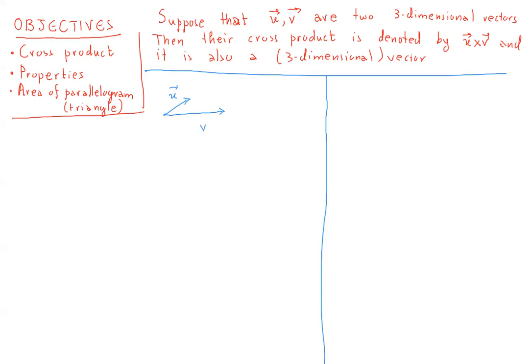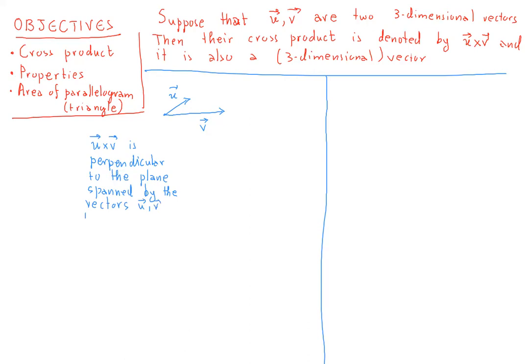Then the vector u cross v is perpendicular to the plane spanned by the vectors u and v, which means that we have some kind of problem if the 2 vectors do not span a plane, and we're going to explain what happens in this case.